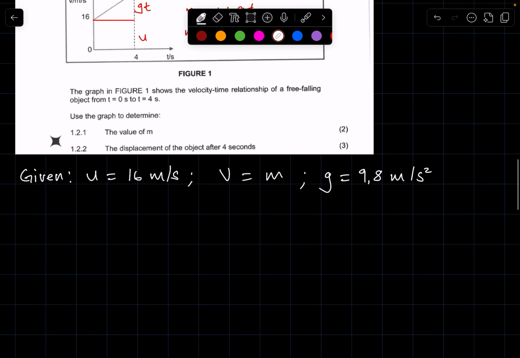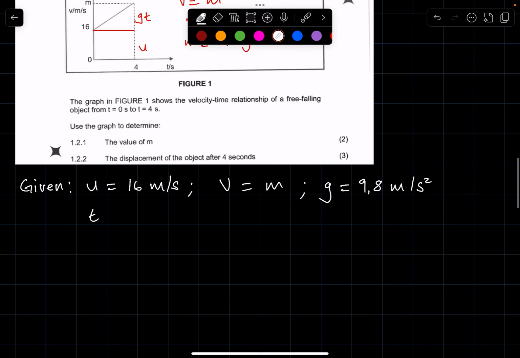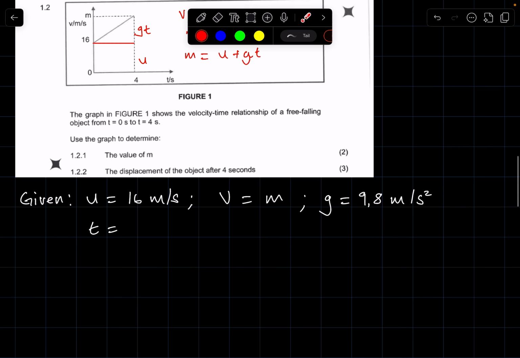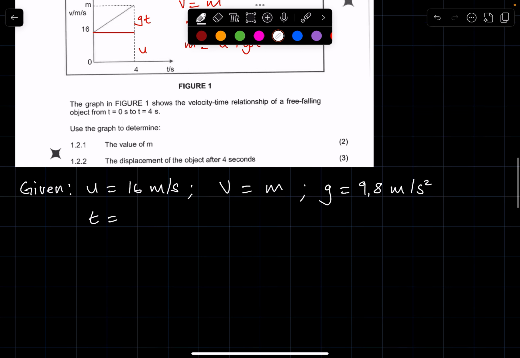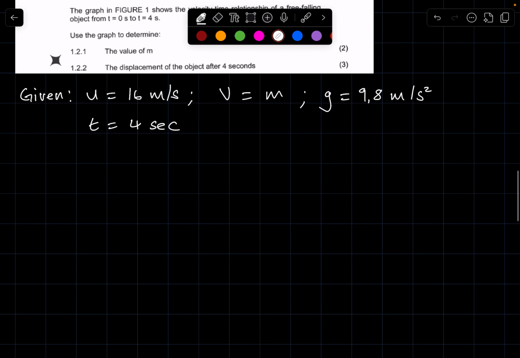And then we also have time, the time it took for the object to accelerate, which is 4 seconds. That is all the information we've been given.